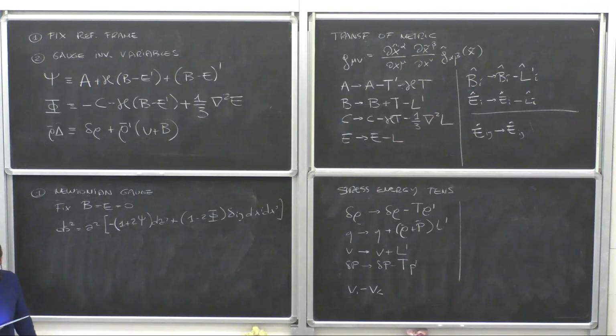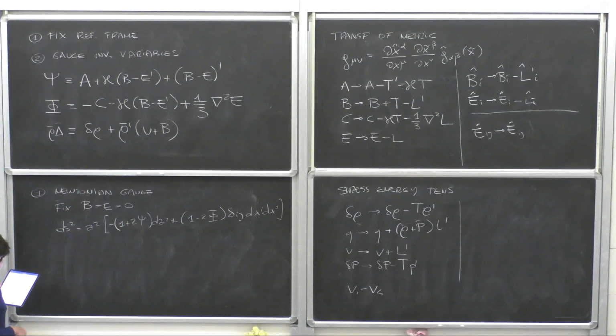Now we'll see that the equations of motion look great in this gauge. The problem is that this reference frame is unstable at large scales when you want to solve equations numerically. In practice, the perturbation equations that we're going to see are typically solved numerically. It turns out that this reference frame is very bad for solving them numerically.